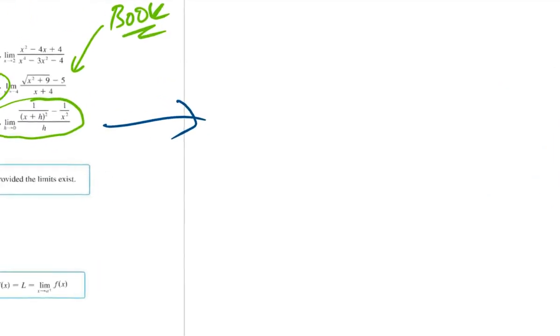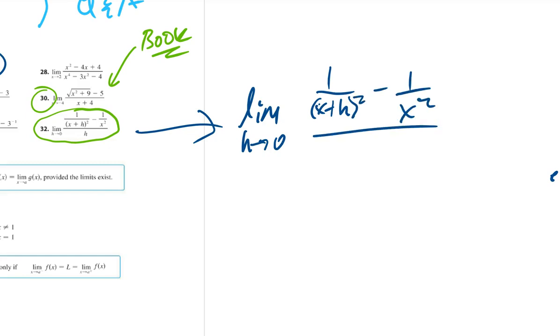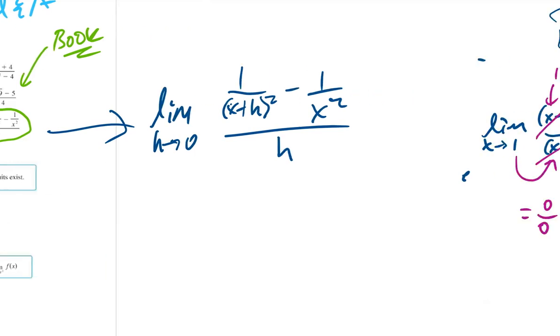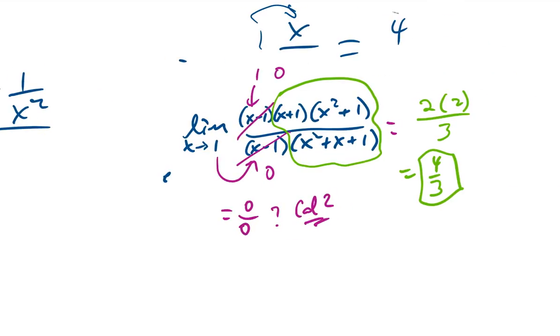Let's see here. It's limit as h goes to 0 of 1 over x plus h quantity squared minus 1 over x squared, all over h. So let's see. Let me erase some of this too.